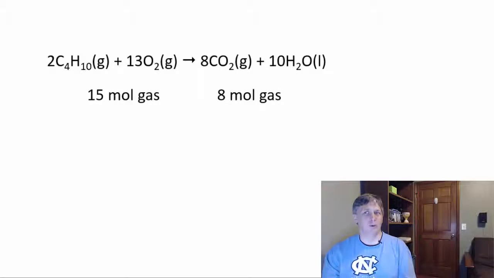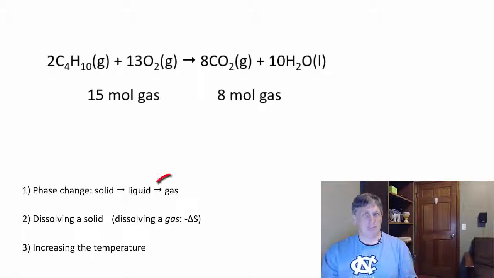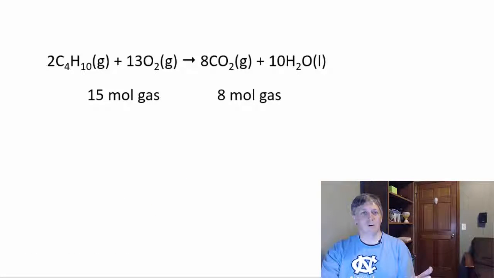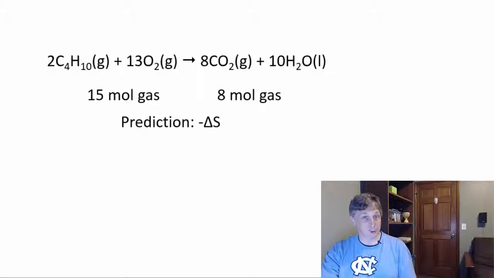Sure, we have a total of 18 moles of product, but some of that product has now been transformed into the liquid state, which usually has a lot less entropy than things in the gas phase. So just looking at how things are going phase-wise, and keeping in mind that gases tend to have the highest entropy, since we're overall losing some things in the gas phase, that probably means that entropy is going to decrease.